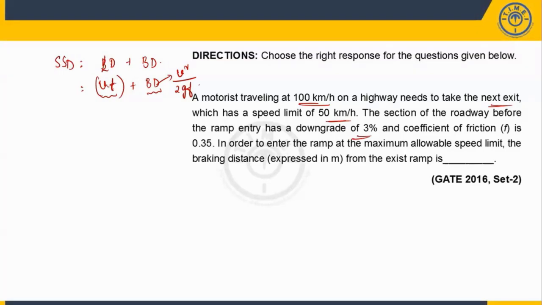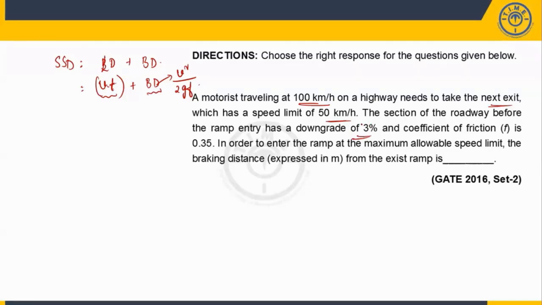Now, the motorist traveling at 100 kmph on the highway needs to take the next exit, which has a speed limit of 50 kmph. The section before the ramp has a downgrade of 3%, coefficient of friction 0.35.